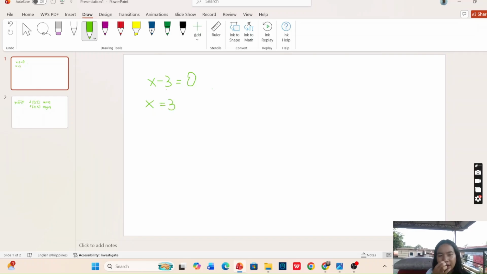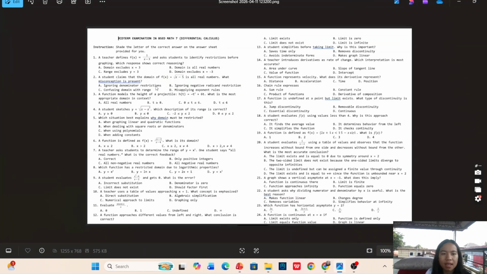So now since we have figured out that 3 shouldn't be plugged into x, that means the restriction is in option A. The domain must exclude x equals 3, meaning x must not be 3 in order for the students to be able to do the graphing.